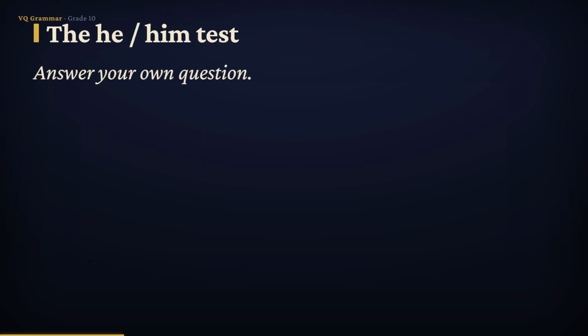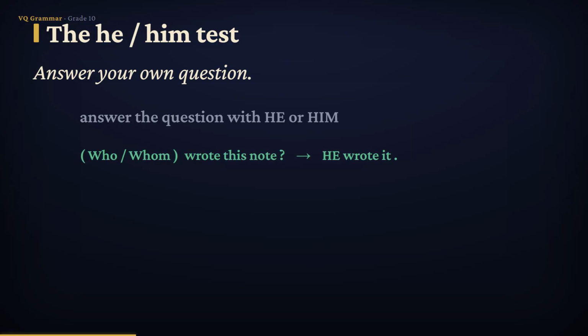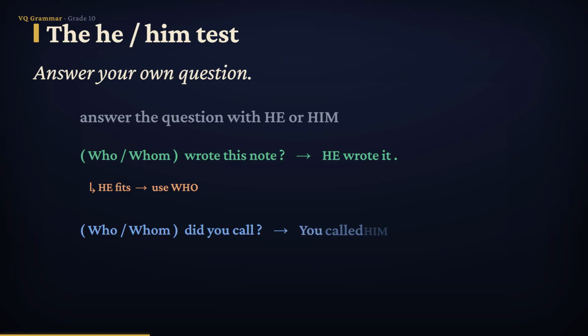Here is the test that settles almost every case, and it takes about 2 seconds. Answer the question with he or him. Take the first one. Who or whom wrote this note? Try answering it out loud. He wrote it. You would never say him wrote it. He fits, so the word you want is who. Now the second. Who or whom did you call?